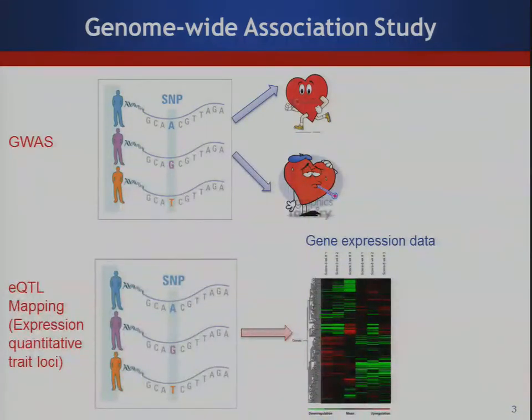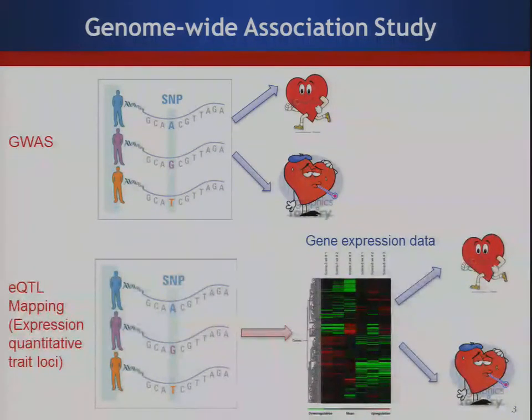We first study the relationship between the SNP and the gene expression data. This step is the so-called eQTL mapping. From the gene expression data, we can then, for example, predict whether a person has cancer or not. This has been well studied, and today I will mainly focus on the eQTL mapping part.